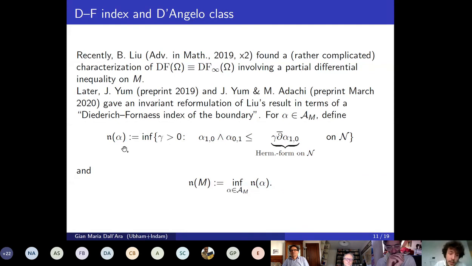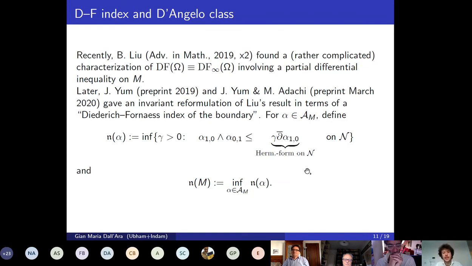And then, since your domain has associated not a single D'Angelo form, but the whole class of them, we're going to take the infimum of these norms over the whole class. So this again resembles the definition of a quotient norm. Remember that the D'Angelo class is an affine space of D'Angelo forms. So this looks really like the quotient norm on a vector space.